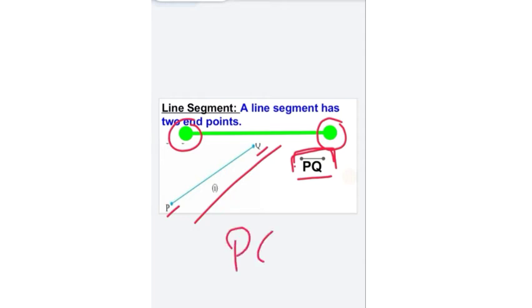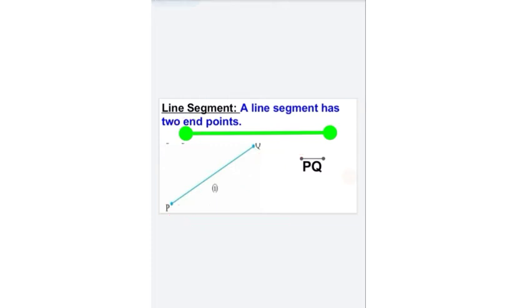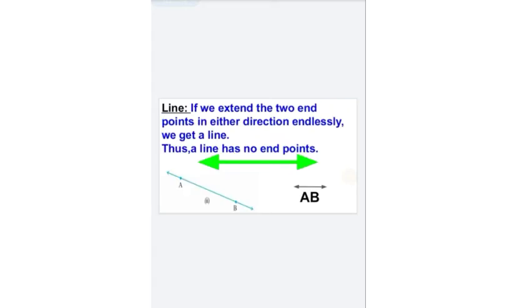That means PQ with a bar and two dots on both endpoints represents that PQ is a line segment. You will learn more clearly about this when we discuss our next topic, which is line.